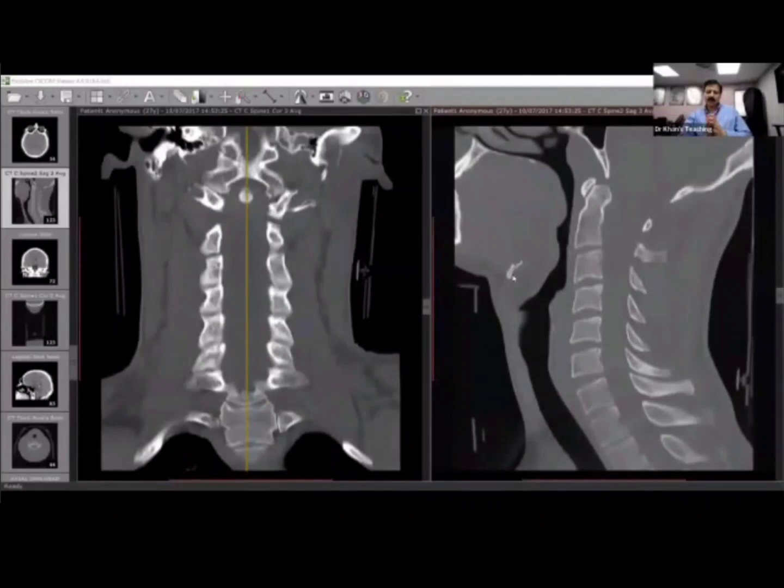The session is CNS spine, but maybe I'll show you a few MSK spine cases also next time. And maybe I'll sort of design it. Today I had no time to design it. I did it last minute to show you more DICOM type of cases.